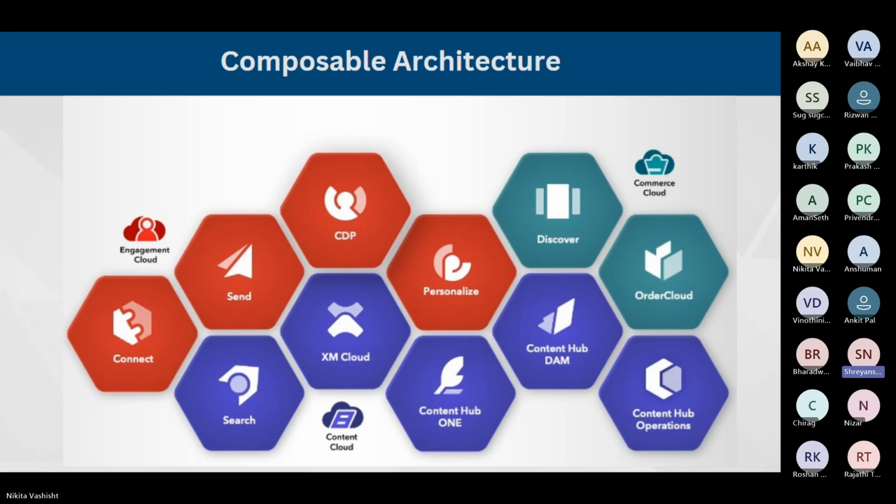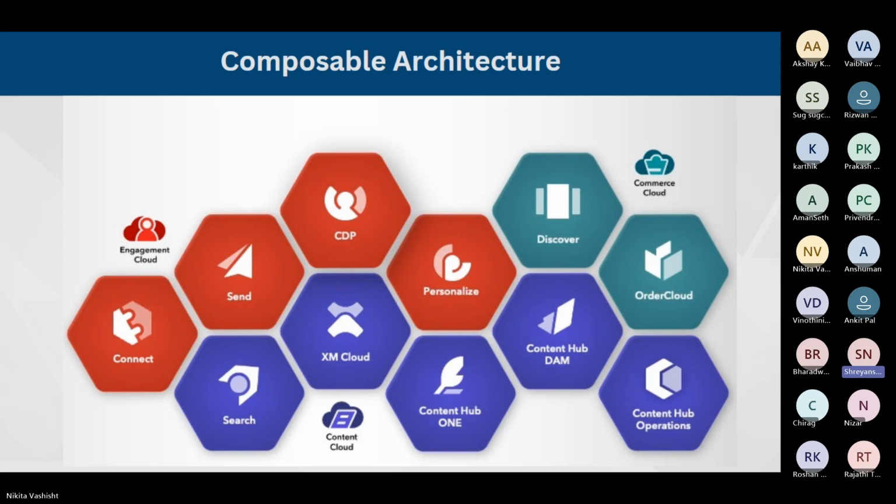But in composable architecture, you can buy the products as in what you need. So you can say it is a modular, flexible solution that allows you to choose the products that are relevant to your project, and each product will have their own unique capability that can be integrated, cross integrated across products using APIs.